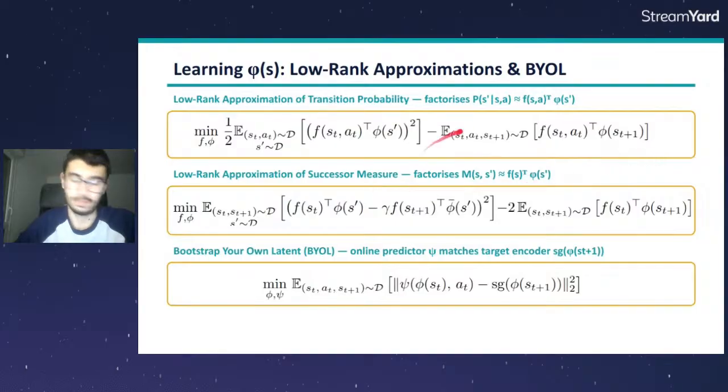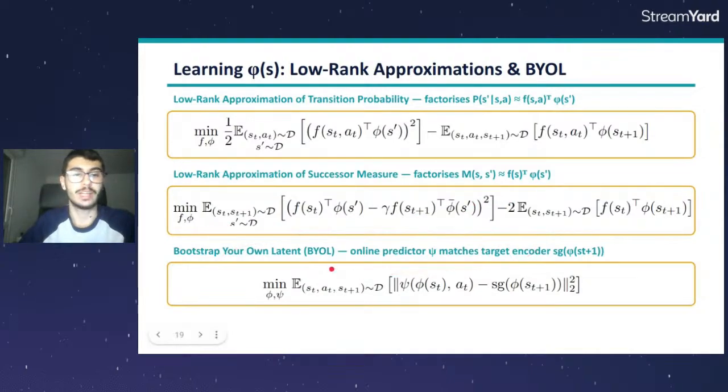Still, they are very similar. The only difference is that instead of pushing this cosine similarity to 0, we use this instead. Instead of pushing to 0, we push to the cosine similarity of F of st plus 1 with that particular state S prime.